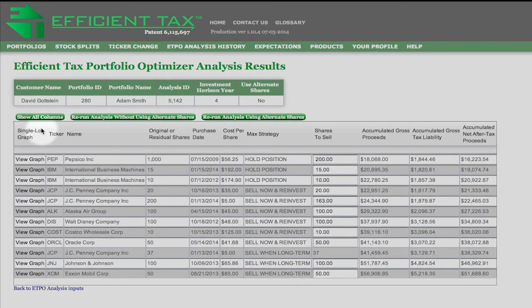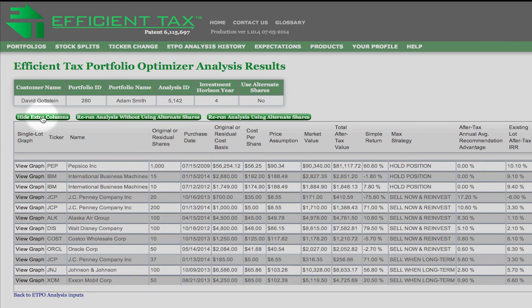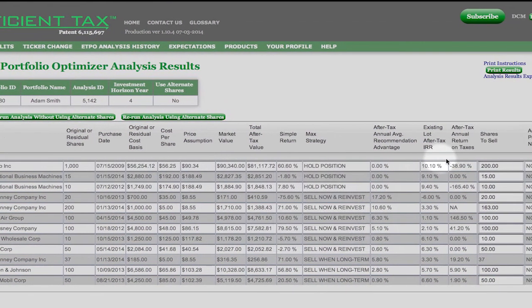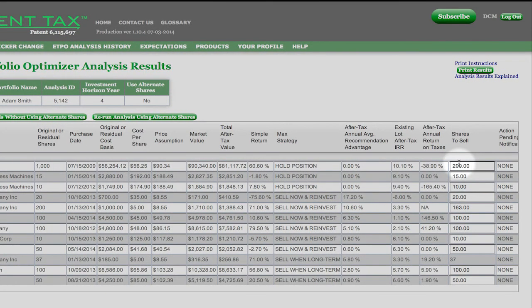Once getting to the results screen, we're going to show you all columns so we can review the ranking logic for you. Here, you can see that we first sell the 200 shares of Pepsi that were designated to be sold out of its single tax lot, even though it is otherwise still a hold from a future performance expectation perspective.